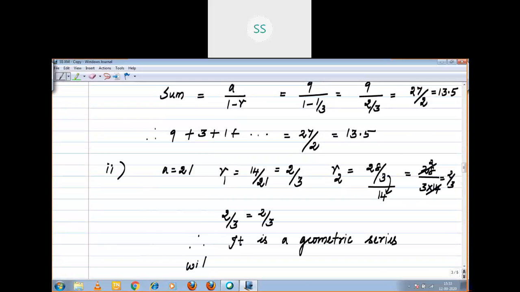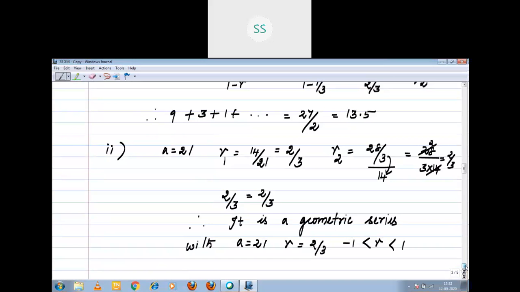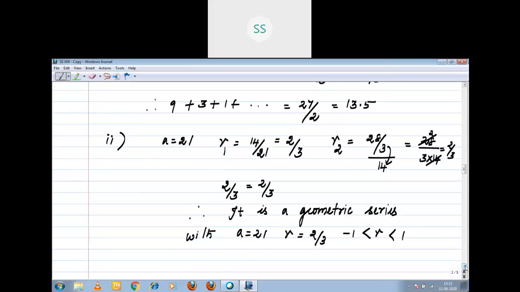Here the common ratios are equal. 2 by 3 equal to 2 by 3. Therefore, it is a geometric series. How to check whether it is geometric or not?